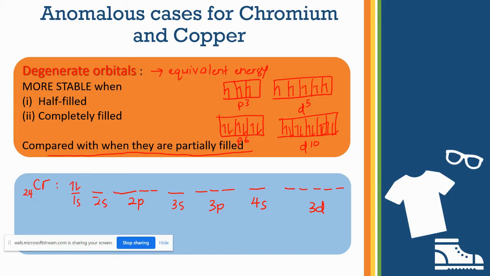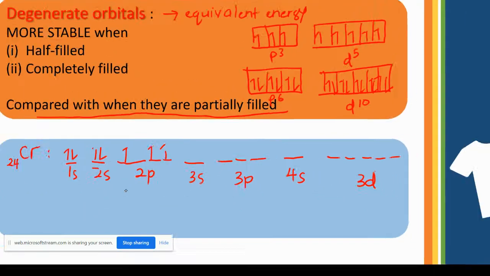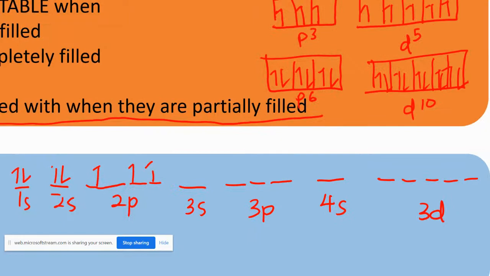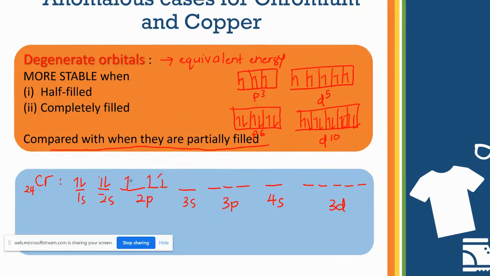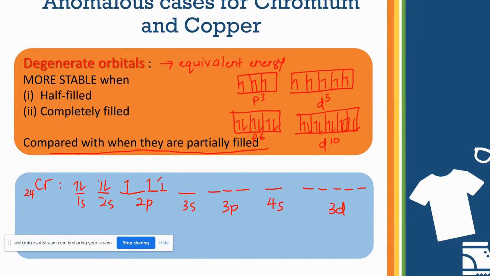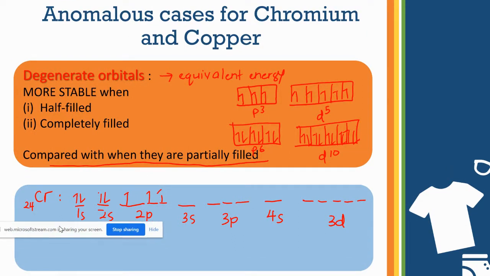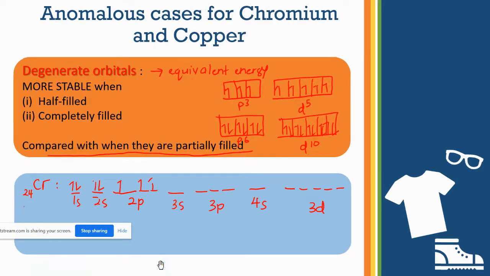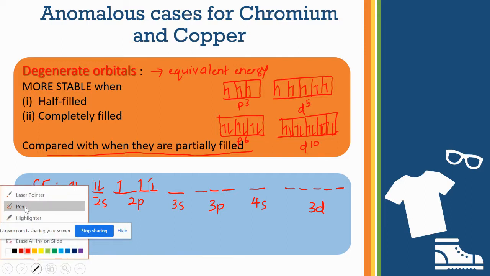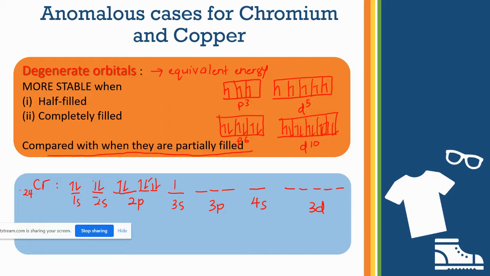So 24 electrons. 1, 2, 3, 4, 5, 6, 7, 8, 9, 10, 11, 12, 13, 14, 15, 16, 17, 18, 19, 20, 21, 22, 23, and 24.